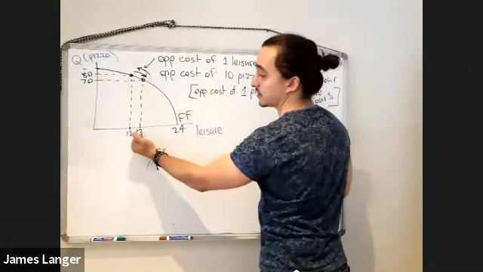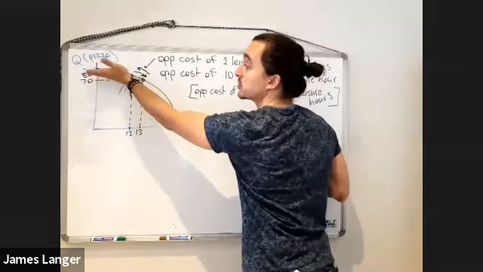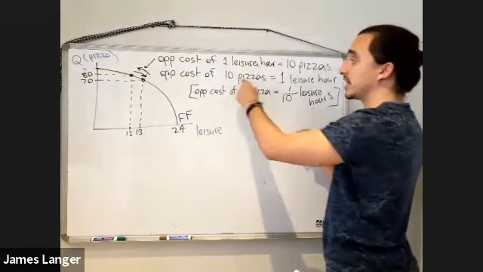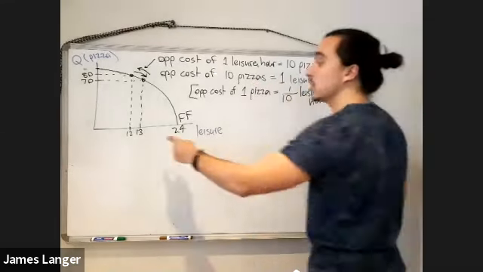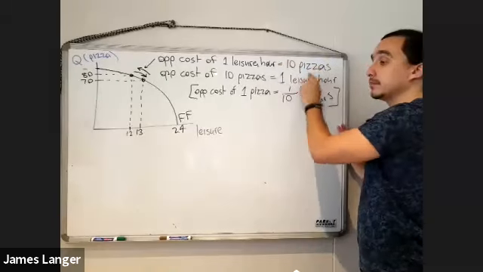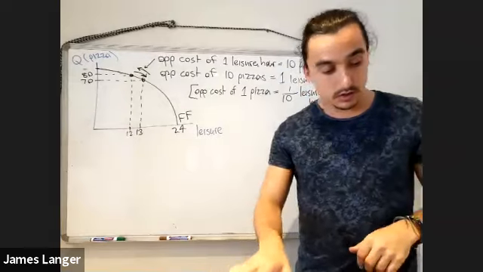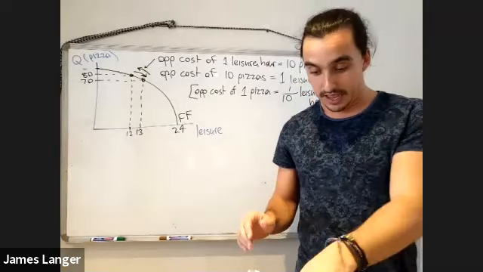And if I go from this point to this point, then I get 10 more pizzas. So if I want to produce 10 more pizzas, the opportunity cost of 10 more pizzas is 1 leisure hour, whereas the opposite way around, the opportunity cost of 1 leisure hour is 10 pizzas. Let me know if you understand that. Please give me a thumbs up if you do.